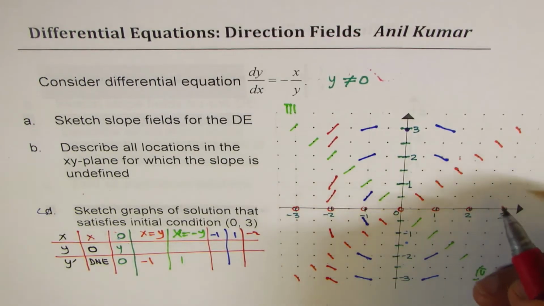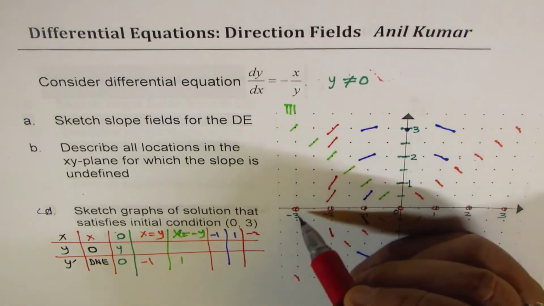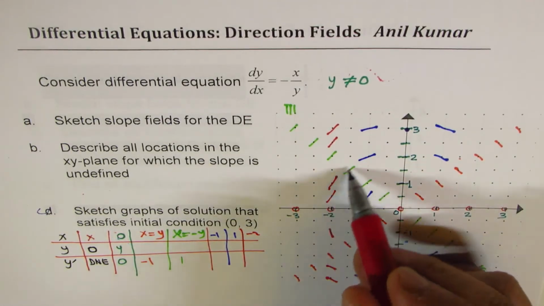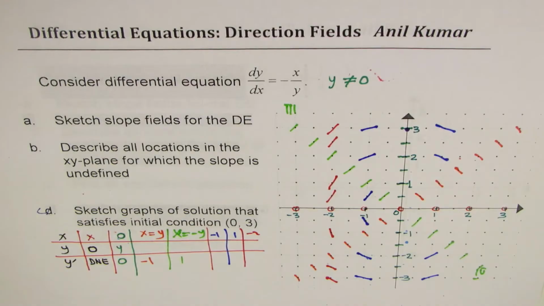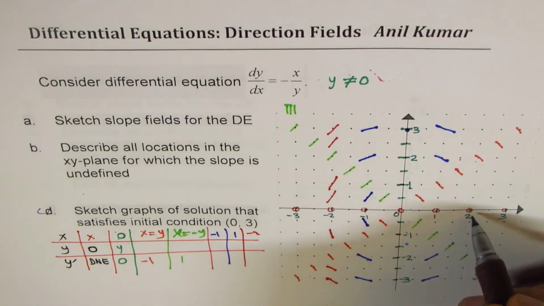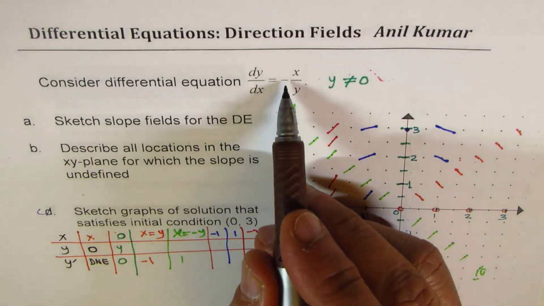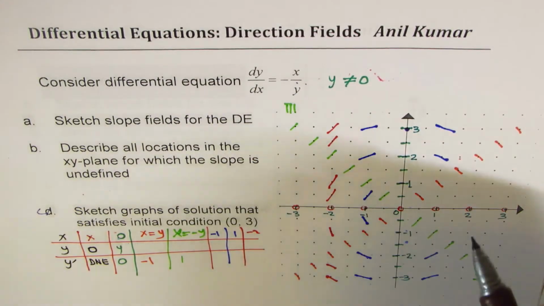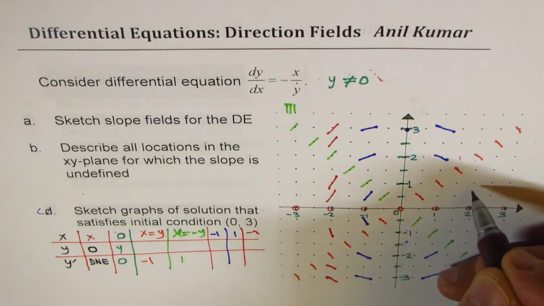Now let's take a few more points and then we can draw our pattern. You can already see the pattern here, which is kind of circular, right? So let's move on and take some more points. If I take x as plus 2 now, we have already taken 1. For plus 2, we have a negative slope for positive y. If y is 1, the slope is negative 2, right?